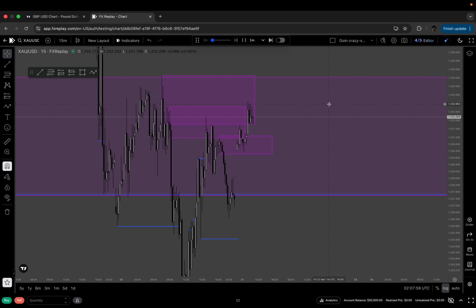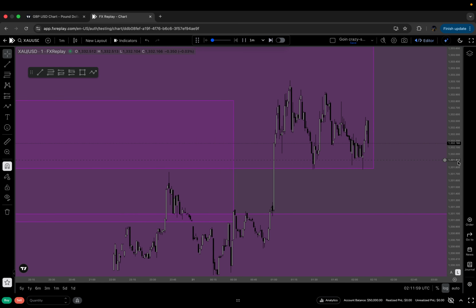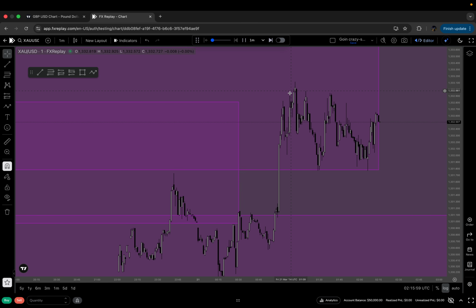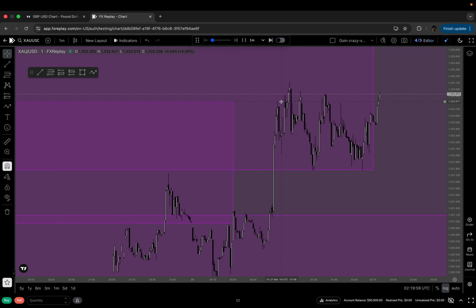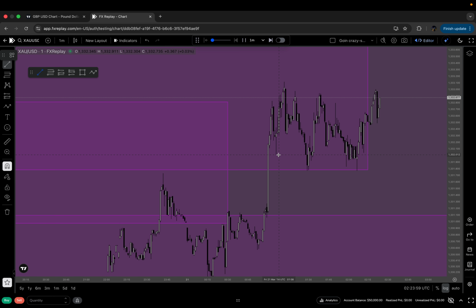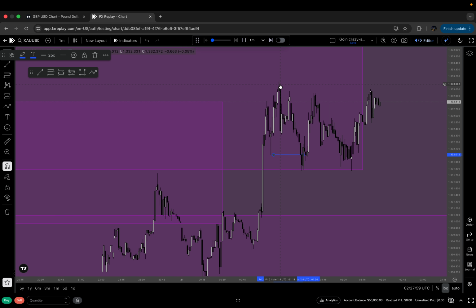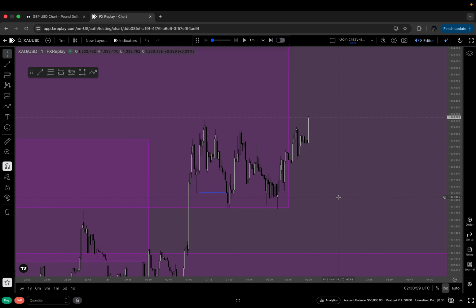Taking out these highs. Let's see how we're looking on the 1 minute. What do we need? What do we need? Close above here. Okay, we did get that break. See if we end up respecting these highs. Okay, we don't.